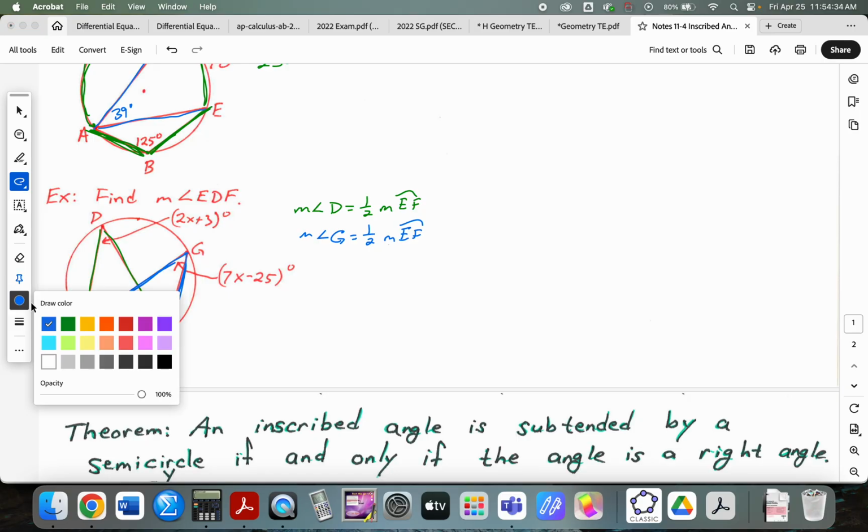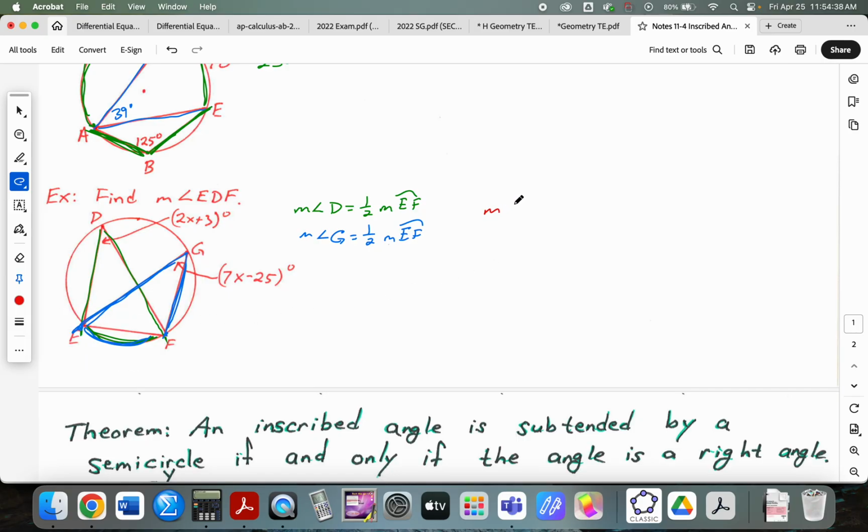So if both of those things are true, we know the measure of angle D is equal to the measure of angle G. They both intercept this same arc, so they've got to be the same size.